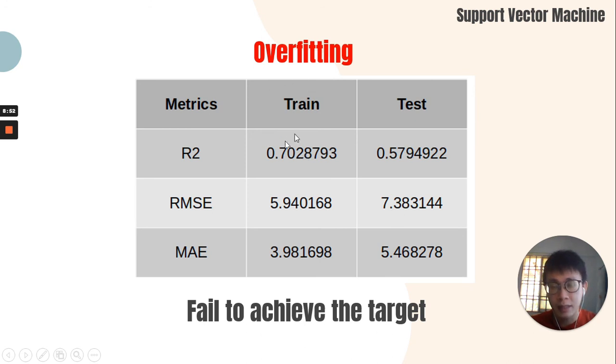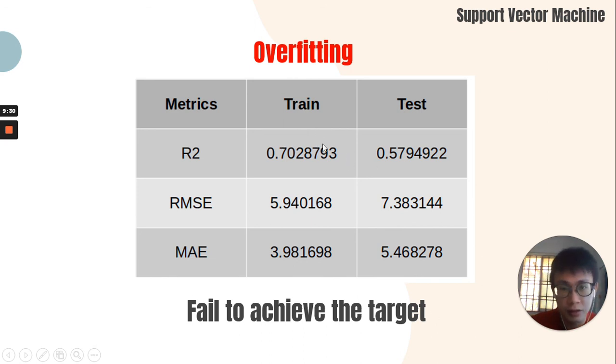So the support vector machine is overfitted to the training data but does not generalize well on the test set. It also shows the same trend for RMSE and MAE, because the error on the test set is far greater than the training error. So it also failed to achieve the target, because remember our target is 0.9 R-squared.